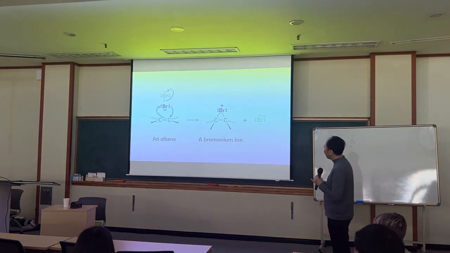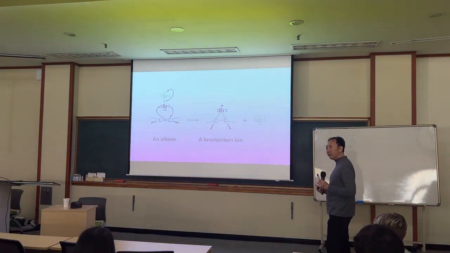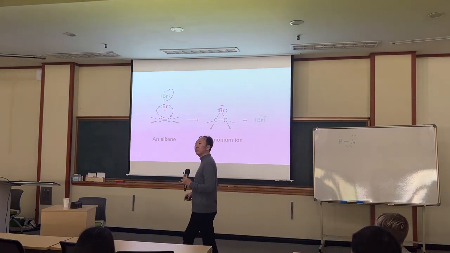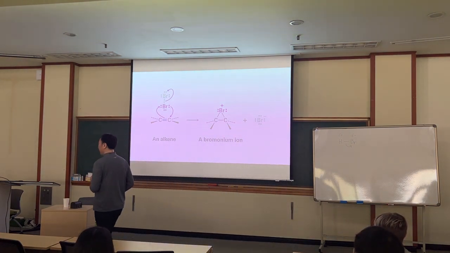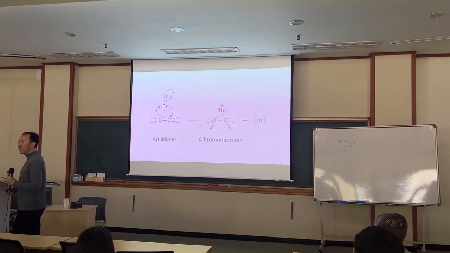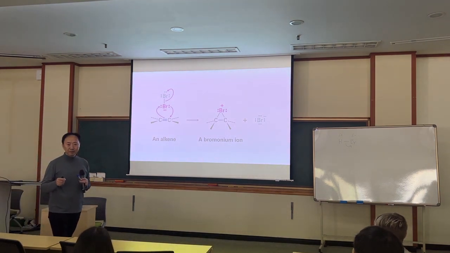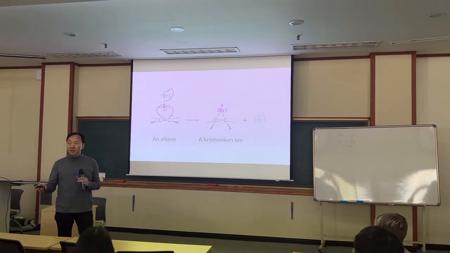It's in the middle of these two carbons, forming this kind of cyclic intermediate. And this Br plus, Br minus, Br2 we call bromine. Br minus, what do we call?